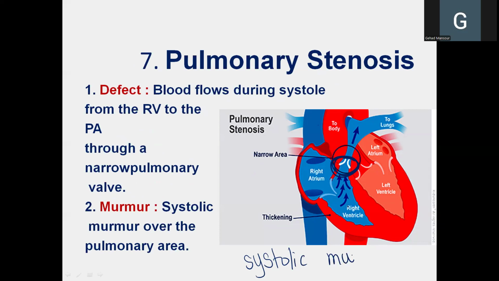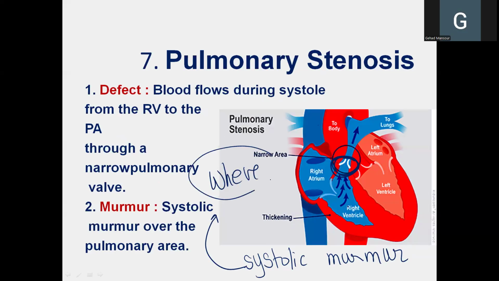So it would be, again, just like in aortic stenosis, a systolic murmur. The only difference is where it is best heard. It is best heard over the pulmonary area, which is the second intercostal space to the left of the sternal border, or at the left sternal border. So simply the left second intercostal space.